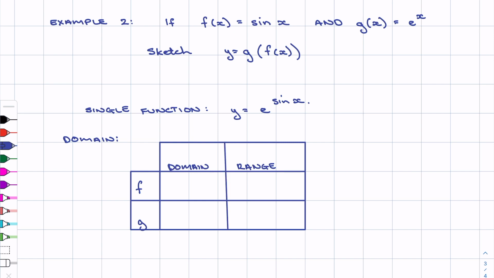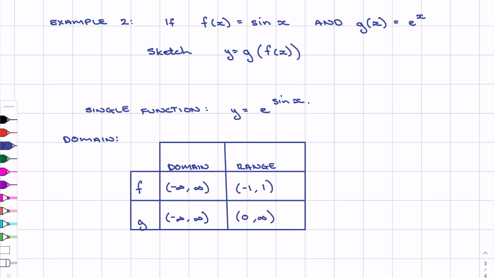Okay, so let's start with our domain of f. So we know that that's going to be between negative infinity to infinity. Our range, though, is going to be between -1 and 1. Domain of g is going to be between negative infinity to infinity. And the range of g is going to be 0 to infinity.